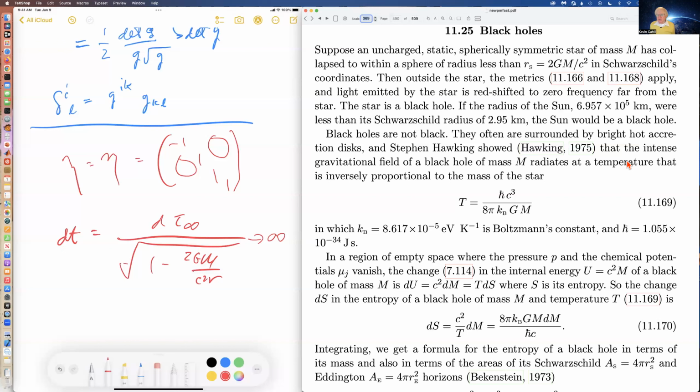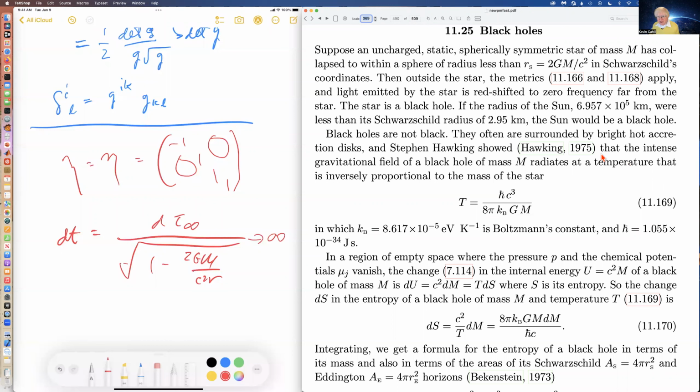What Hawking showed back in, well, this is a long time ago, 25 plus 22, which I guess is 47 years ago. My God. He showed that a black hole would not be actually black, but instead would radiate. It's the intense gravitational field that causes radiation.